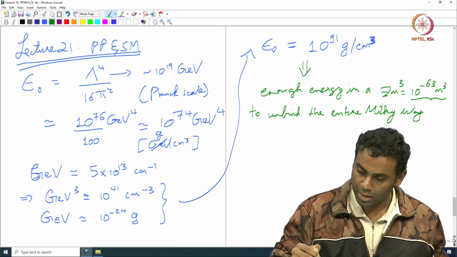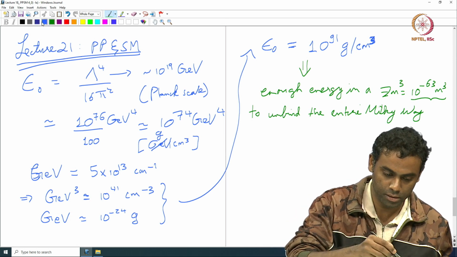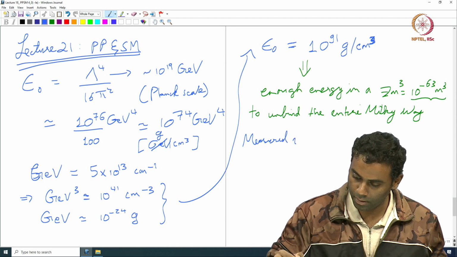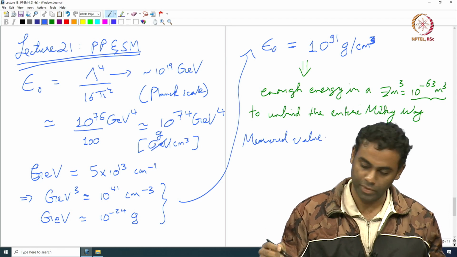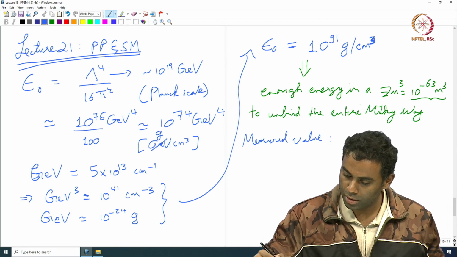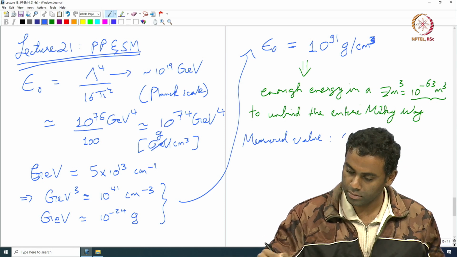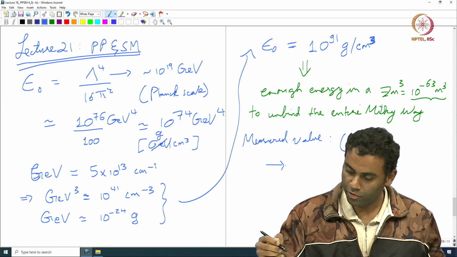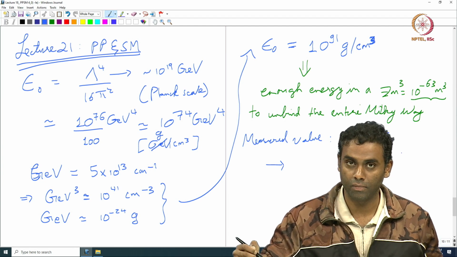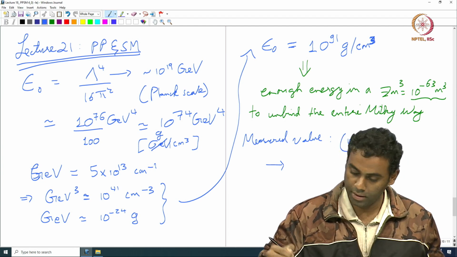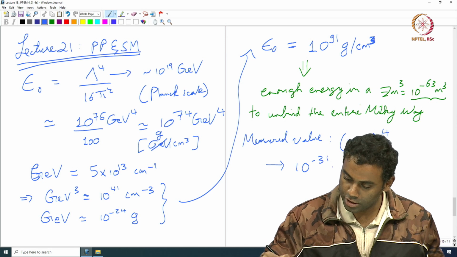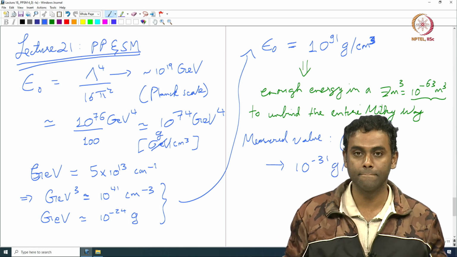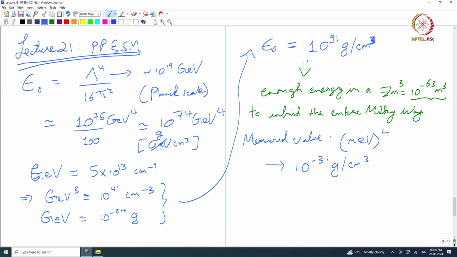The measured value turns out to be meV to the fourth, where m is milli, and in our units it is just 10 power minus 31 grams per centimeter cubed.